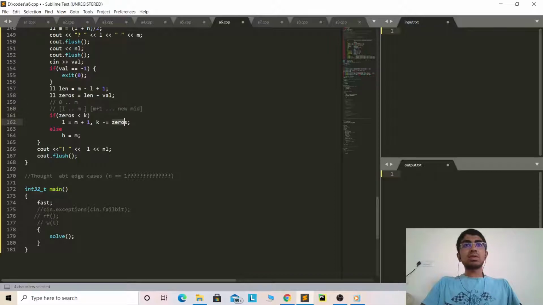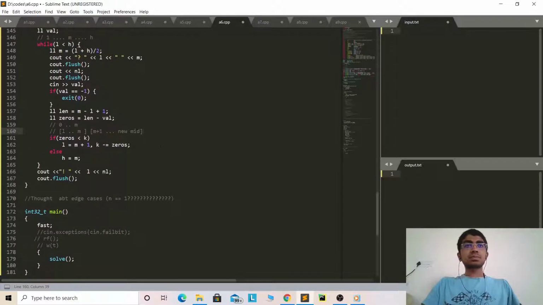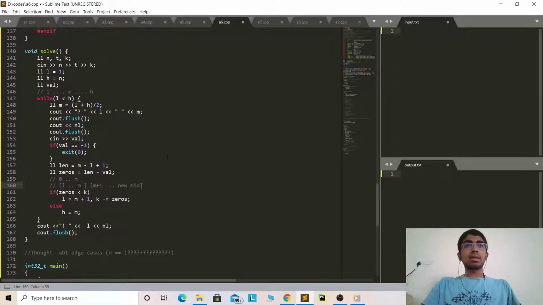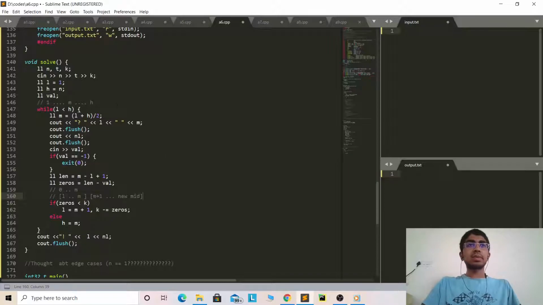These zeros belong to this part and do not belong to that part, so k should not include them while handling the new part. That's why we subtract it for the next iteration. In that way, within 20 queries we can easily obtain the answer, since log n is less than 20.